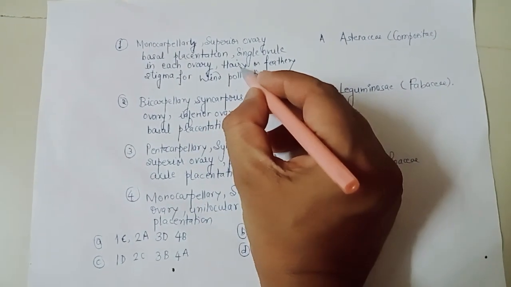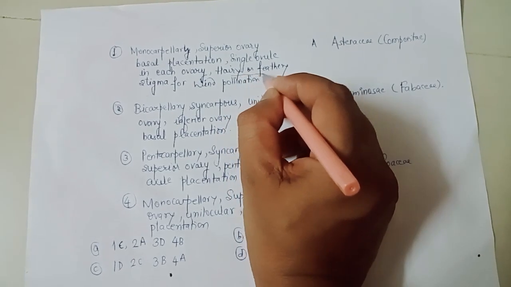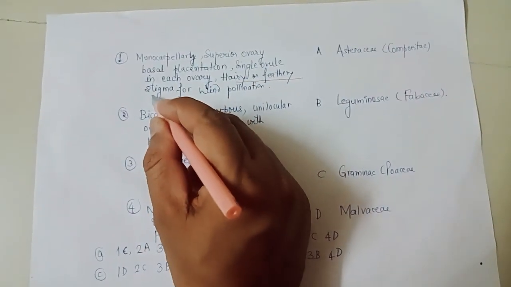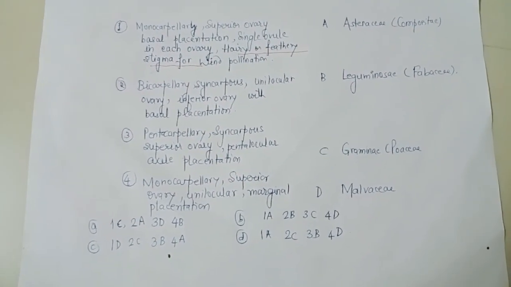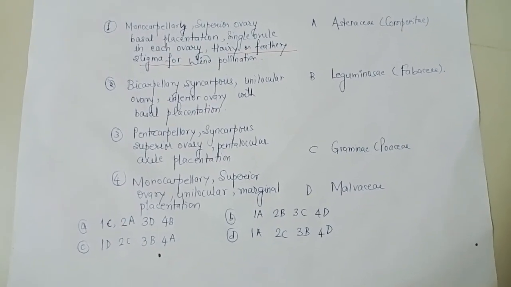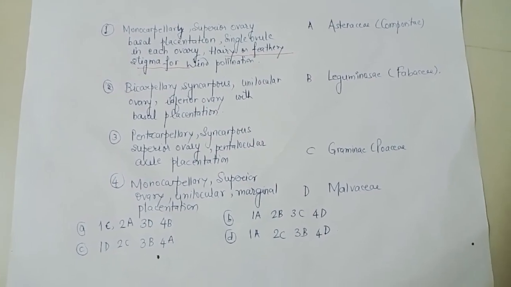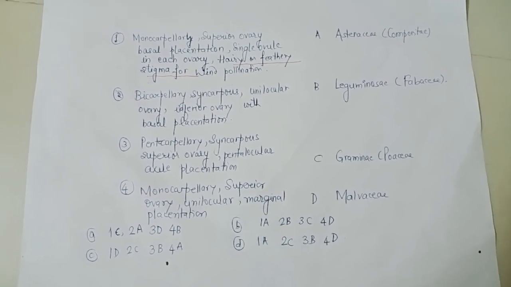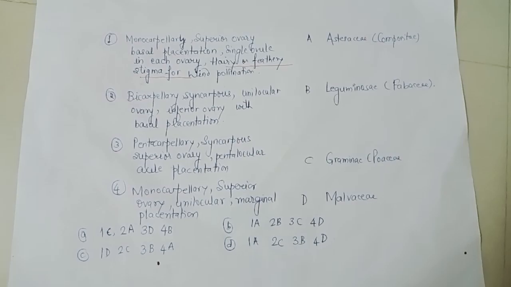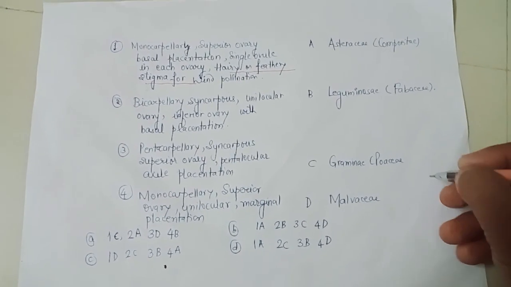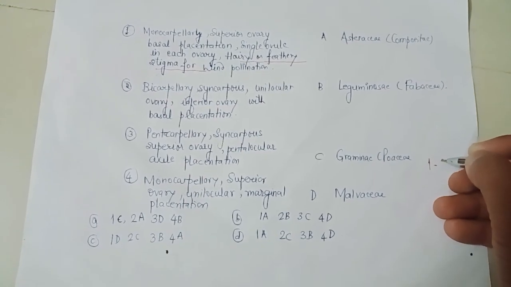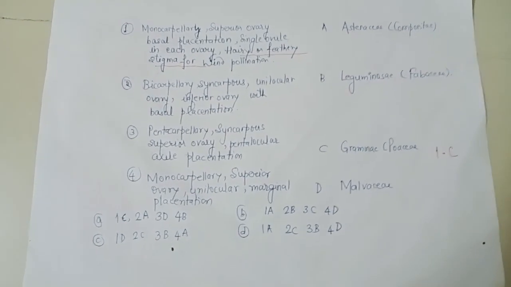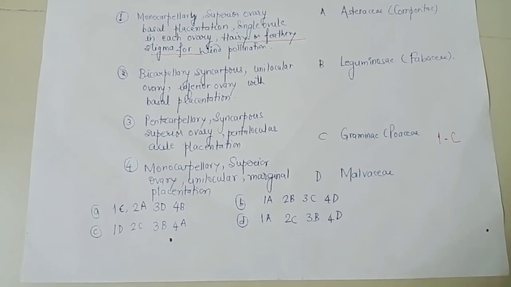So if you come across this hairy or feathery stigma, this is a unique or salient feature in case of a grass family, so that it can trap the moving pollen grains. So in this case, 1 is a representation of Graminae or Poaceae.